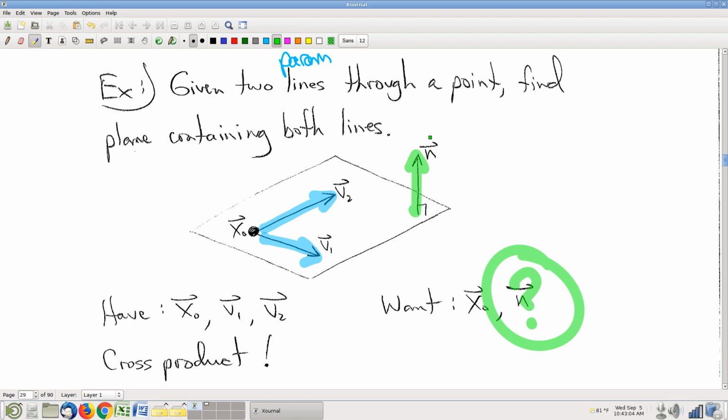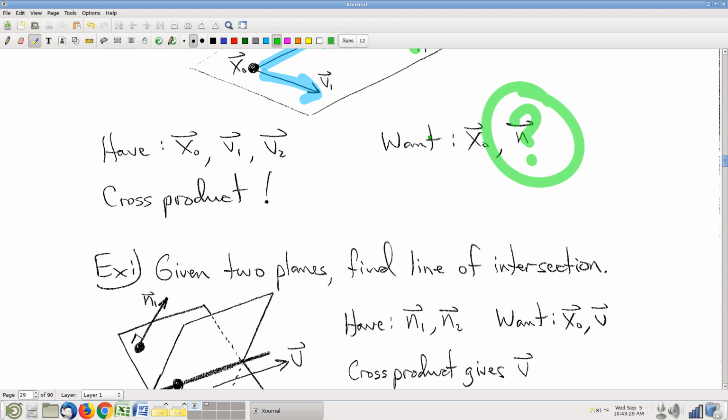I want to find a vector perpendicular to two given vectors. Cross product. That's exactly the tool for that job. That makes sense to everybody? Okay. So notice we translated the question into geometry language, and then once I have the question in geometry language, it comes down to, given what I have, how do I get what I want? And it's just geometry games.